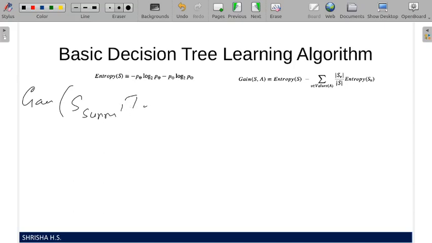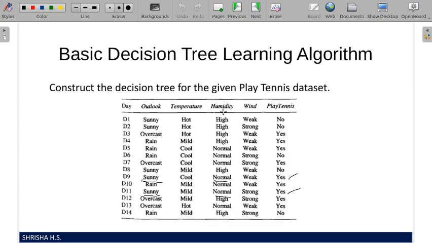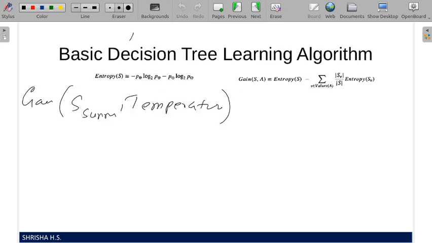for sunny and temperature. Temperature has three values: hot, mild, and cool. So how to calculate entropy of S?